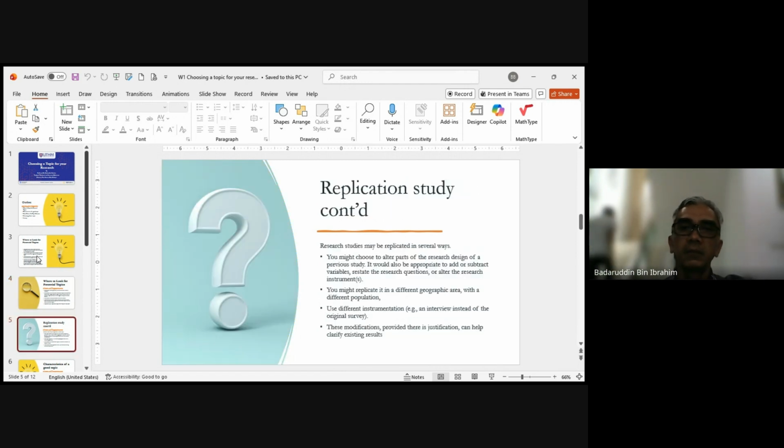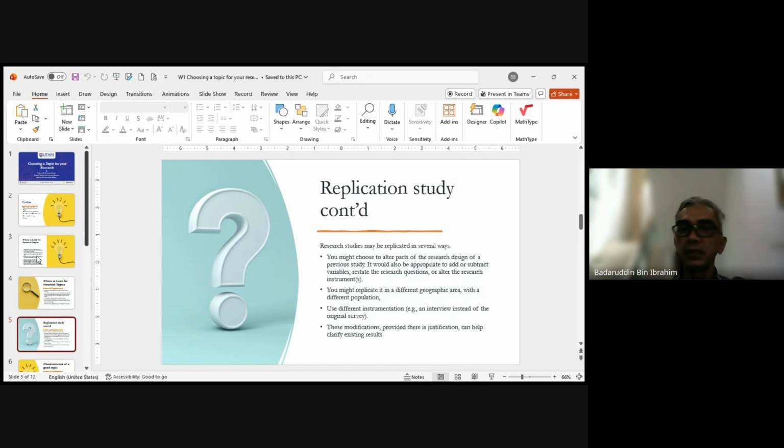Your study may be replicated in several ways. You might choose to alter part of the research design, replicate in a different geographic area, as I mentioned, or use a different instrument, or modification, provided there is a justification. So there are examples of replication that you can do in your research.